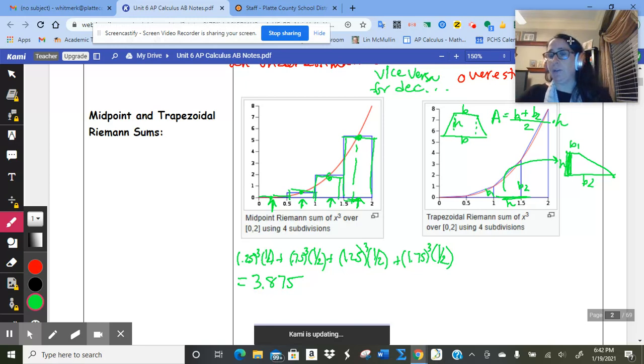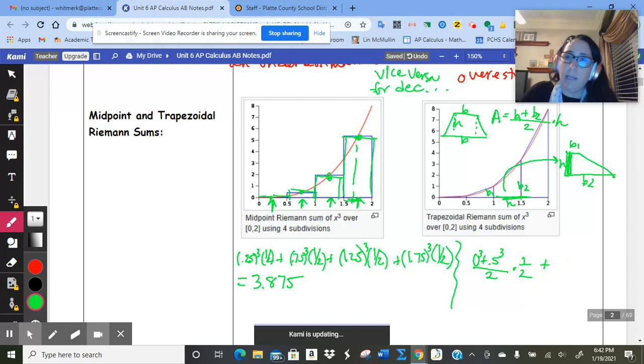So we're going to find the area under the curve using those four trapezoids. Okay, so let's try that. This is a little bit more writing, so I'm going to take a couple of lines. I'm going to take base 1 plus base 2, so that's 0 cubed plus 0.5 cubed, average them out, and multiply times my height of 1/2.